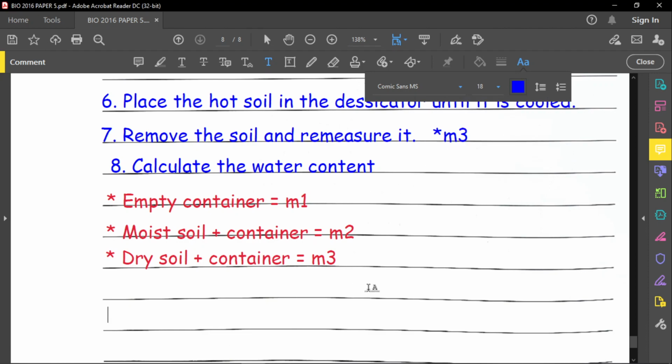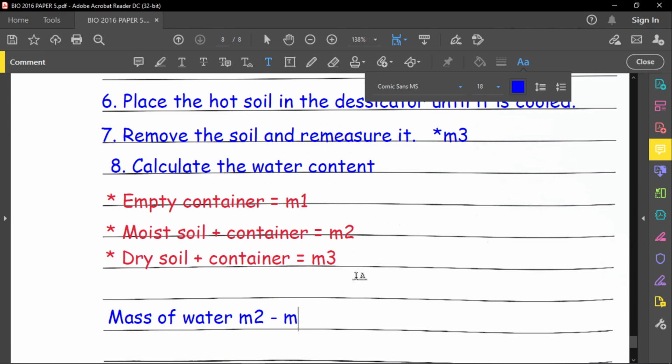What we're going to find here now is the mass of water. So the mass of water is equal to M2 minus M3. So it'll be the moist soil in the container minus the dry soil in the container.